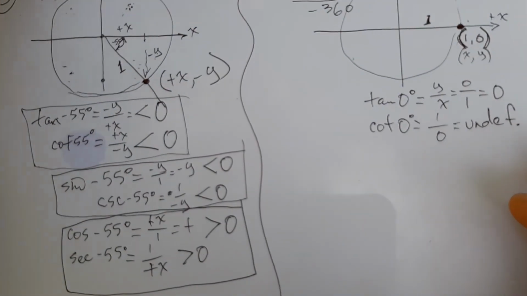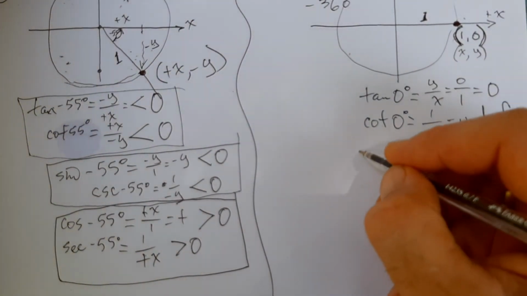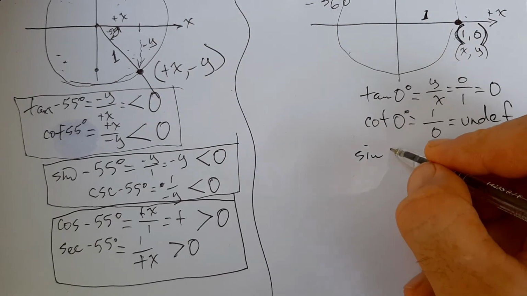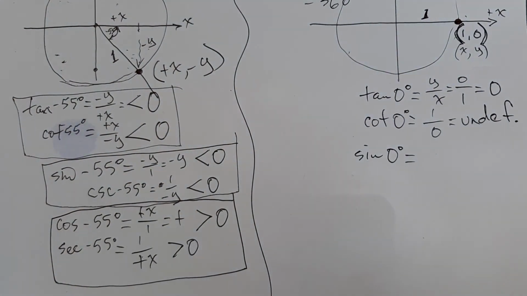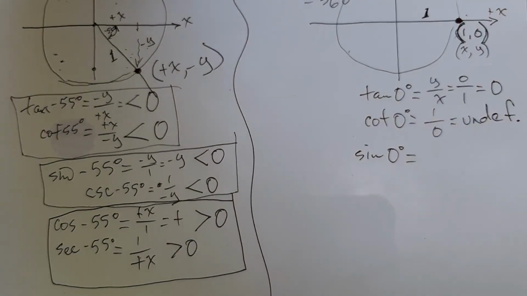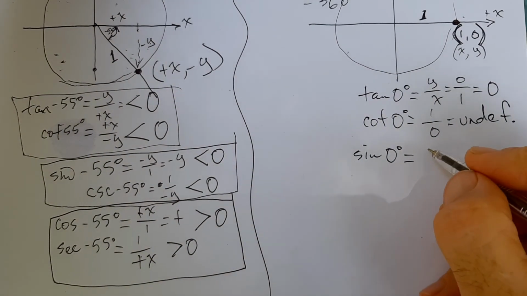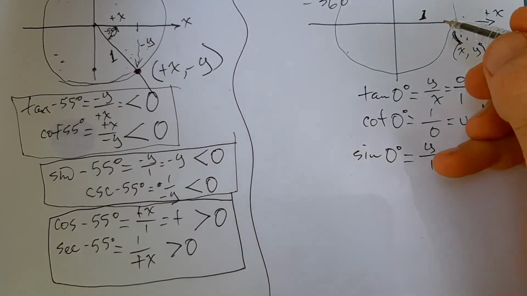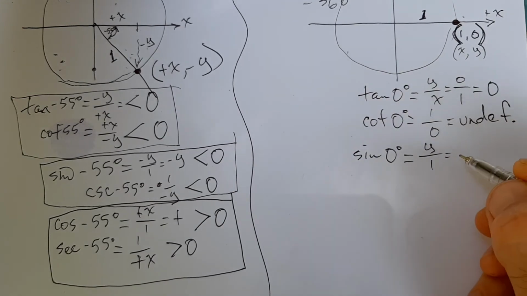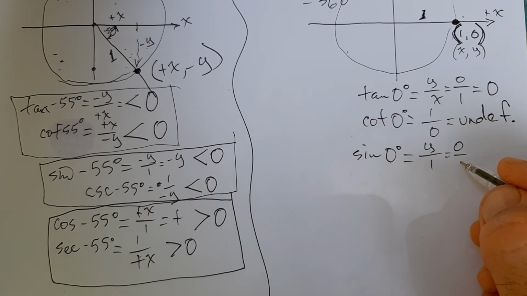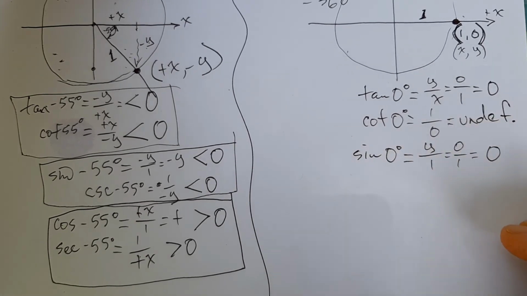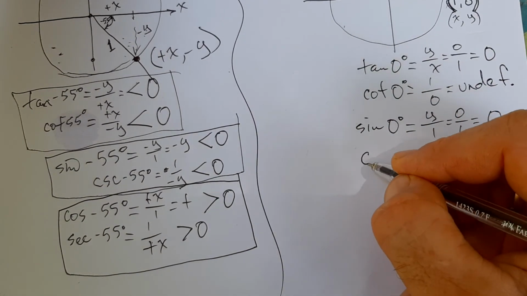Okay. Sine of 0 degrees equals y divided by the hypotenuse, y over 1. Y is 0, and 0 over 1 equals 0. Now, what's going to happen with cosecant?